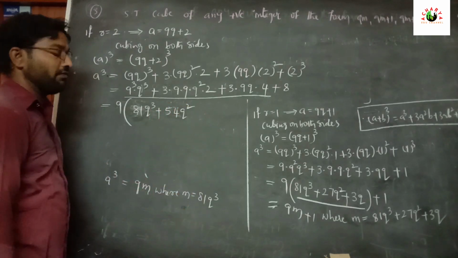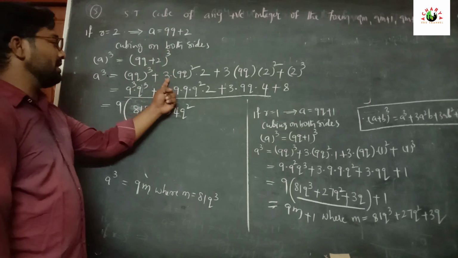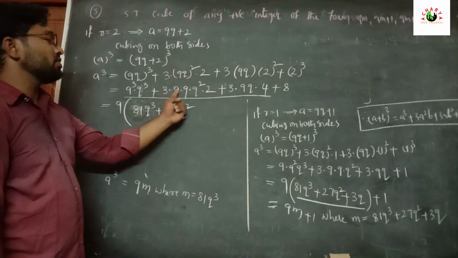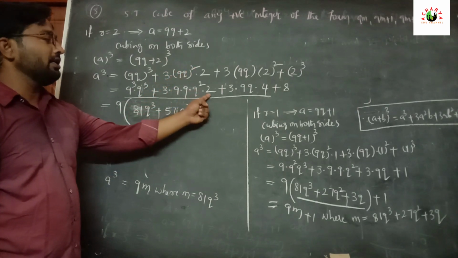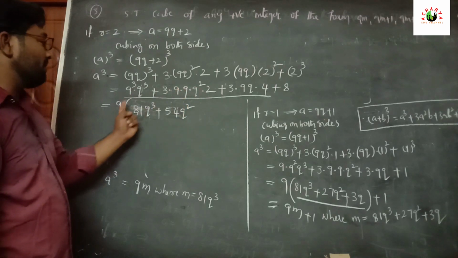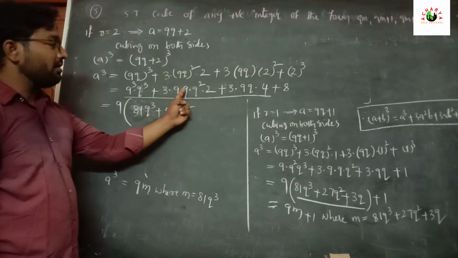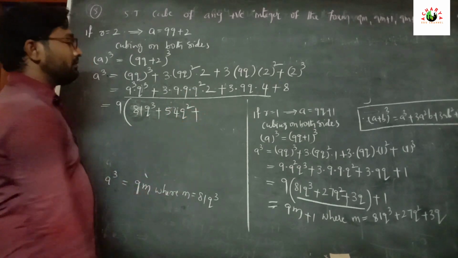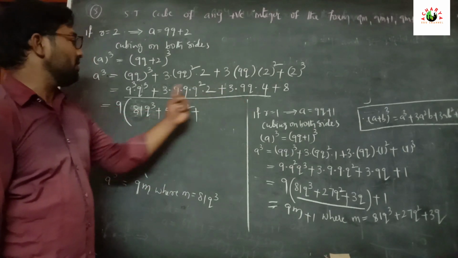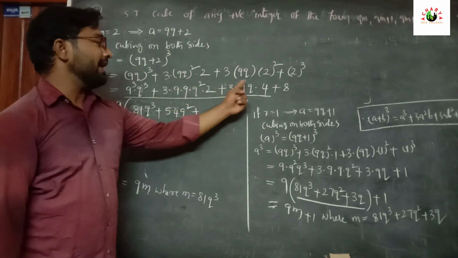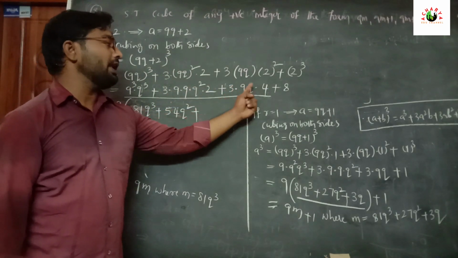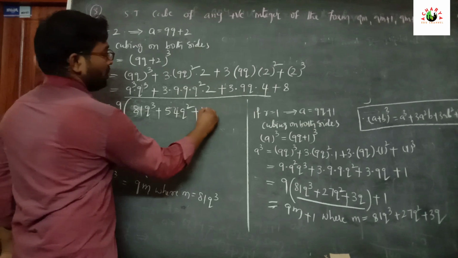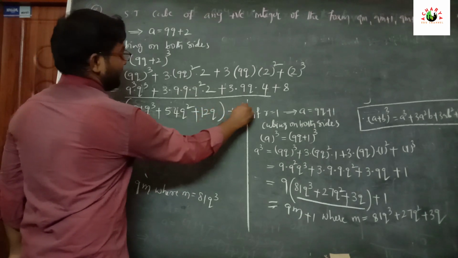Once again see here: 3, here 9 square means two 9s, and q square and 2. One 9 is taken common, 3 nines are 27, 27 twos are 54 q square. Plus in the third term, 9 taking common, the remaining terms are 3 and 4 and q. 3 fours are 12, so 12q. And plus 8 right outside of the brackets.